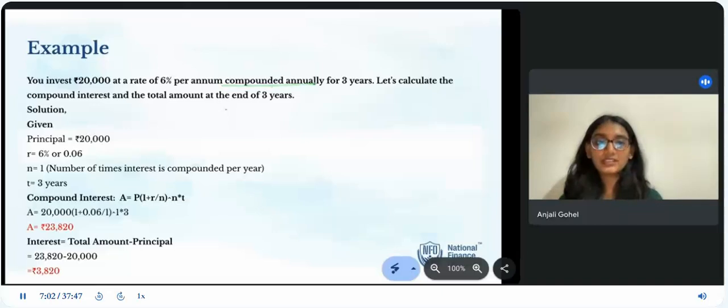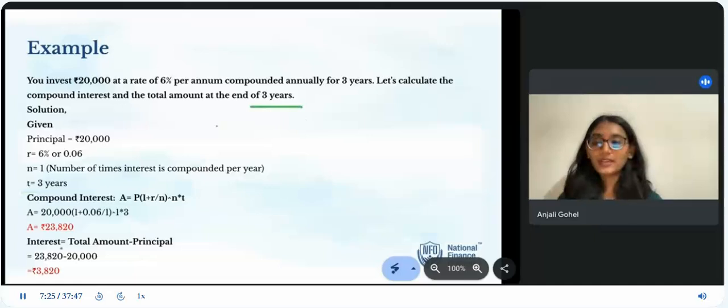There are 4 quarters, right? So your n, the number of times compounded, would be 4 in that case. Because this is annual, compounding is happening only once in a year, so that would be 1. So here in our question, n will be 1 and t is for the tenure, which is 3 years.